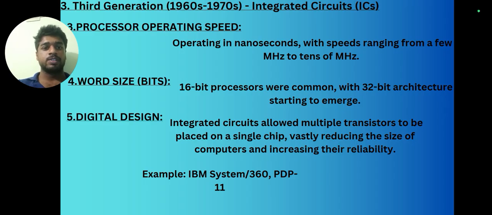Digital design of this processor: integrated circuits allowed multiple transistors to be placed on a single chip, vastly reducing the size of computers and increasing their reliability. Examples of this generation are IBM System 360 and PDP-11.